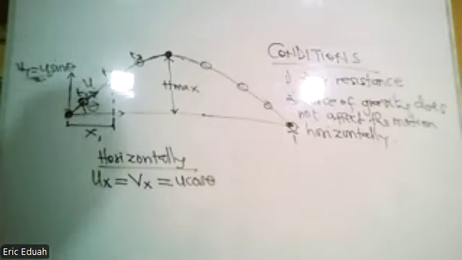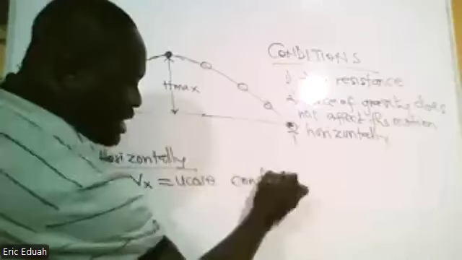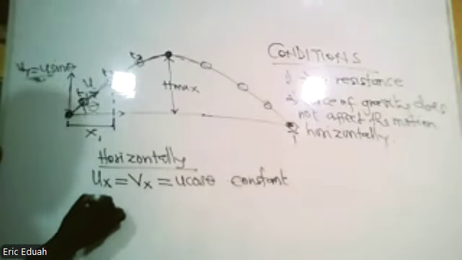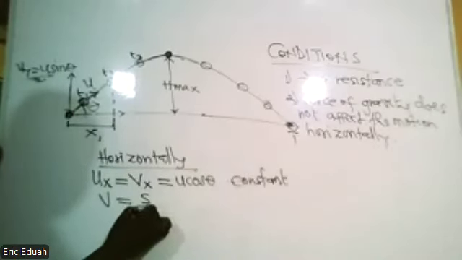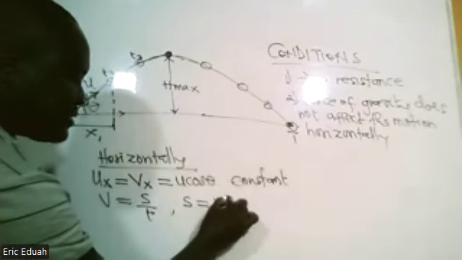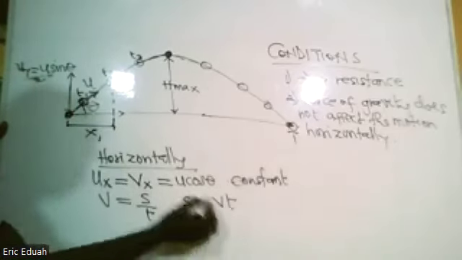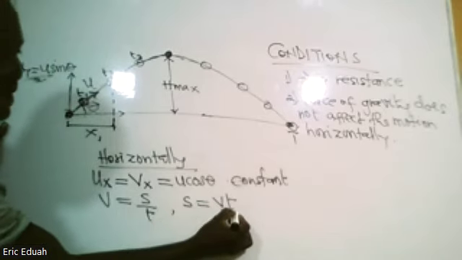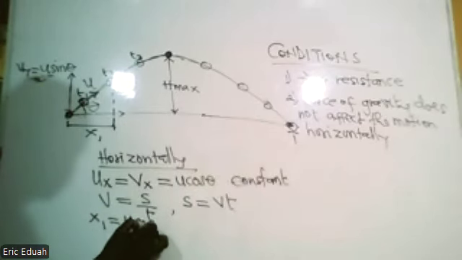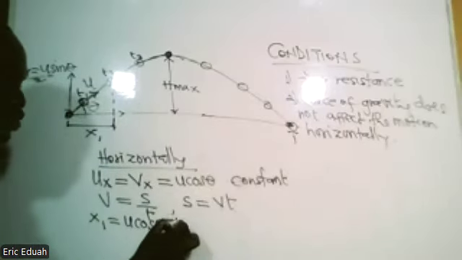So the velocity horizontally is constant. It doesn't change. Nothing reduces it. If I want a distance traveled, velocity is equal to distance over time, therefore S is equal to V times T. So x1 would be equal to u cos theta times the time taken to come to this point, which is t2.